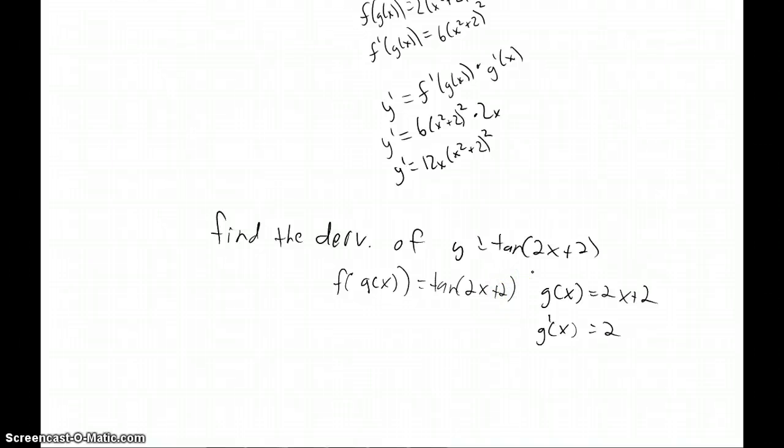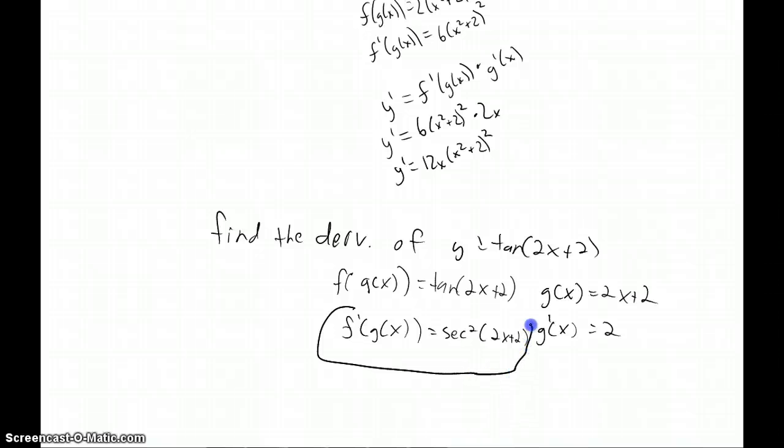Now, we know the derivative of tangent is secant squared, so the derivative of tangent of (2x plus 2) is secant squared of (2x plus 2). Now, just like Michael did in the last problem, we will multiply these two functions together and we'll get our final answer.